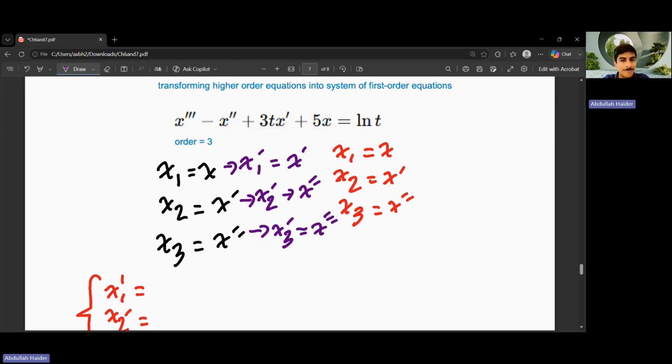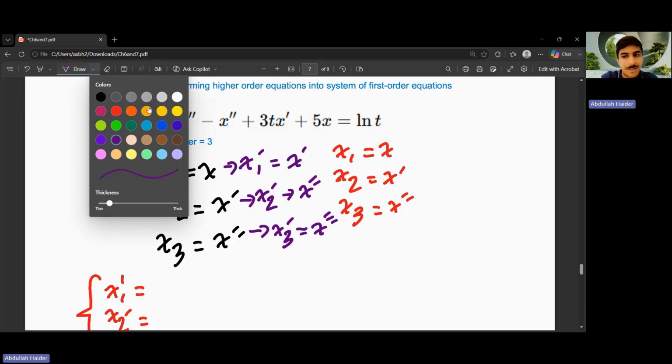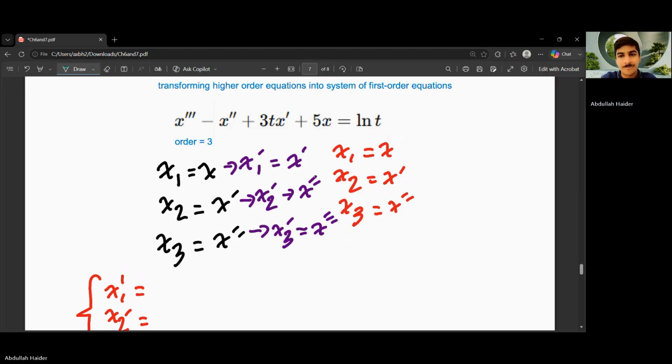I know for sure that you're feeling confused over here about what's going on. I will explain one more time because I know very well that you can understand. So you have order of 3. Order of 3 means x1, x2, x3. Now, know that x1 is always going to be x.